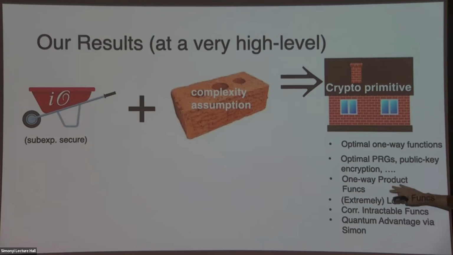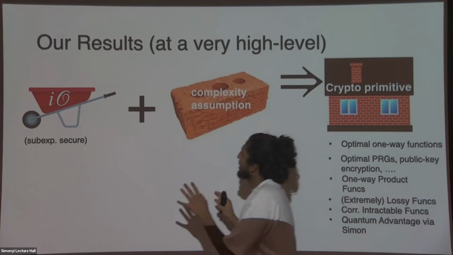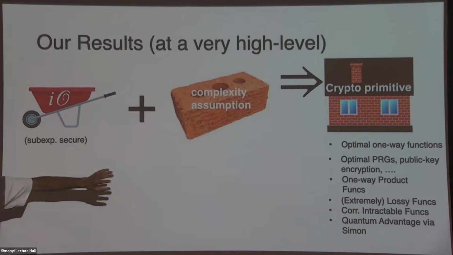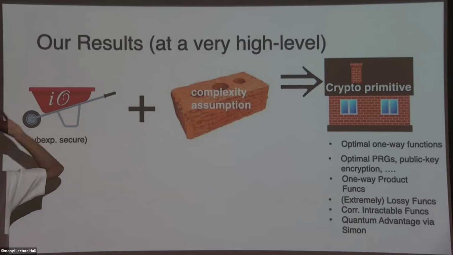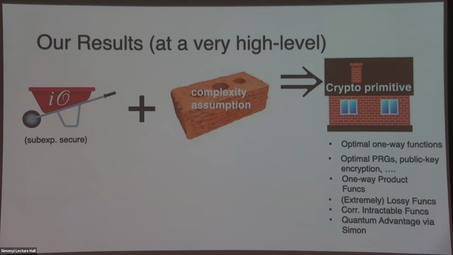In particular, you can get optimal one-way functions, optimal PRGs, optimal public key encryption, one-way product functions, and some other stuff. But my focus is not to tell you how to construct these things. I want to focus on what the phenomenon is here and give you a flavor of what proofs look like.